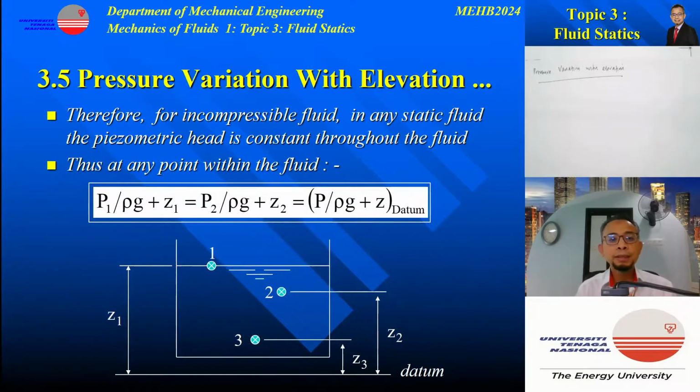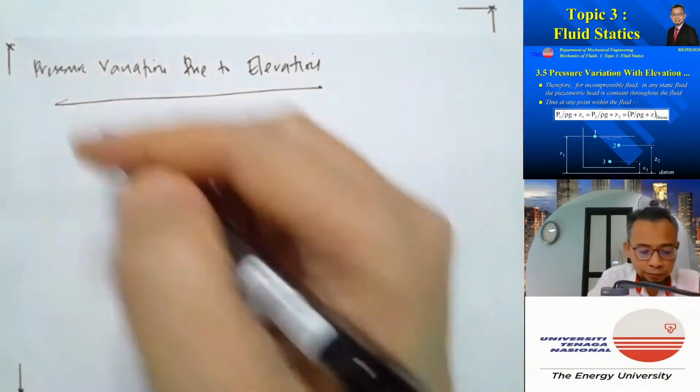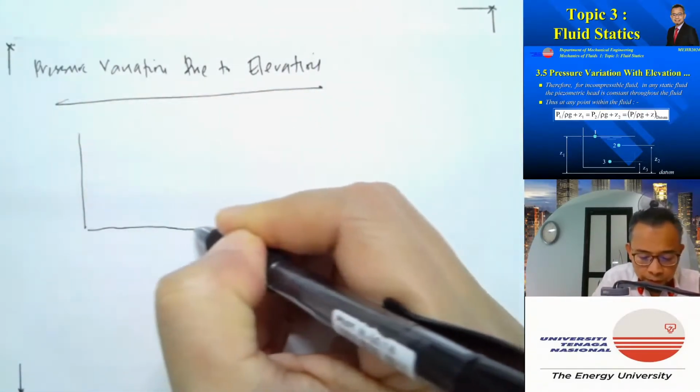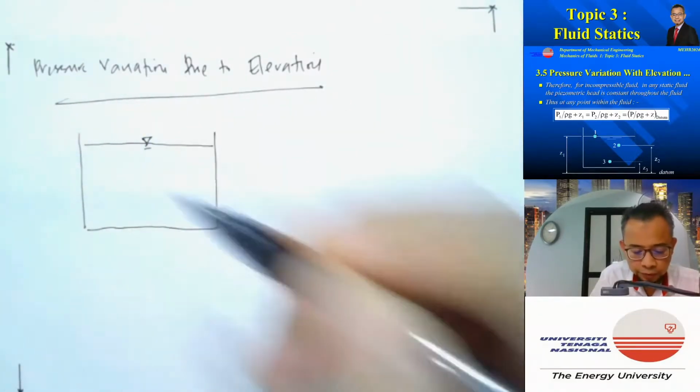We have concluded earlier that in any incompressible static fluid, the piezometric pressure and the piezometric head are constant throughout the fluid. So if we consider static fluid in a container, that's the water surface.